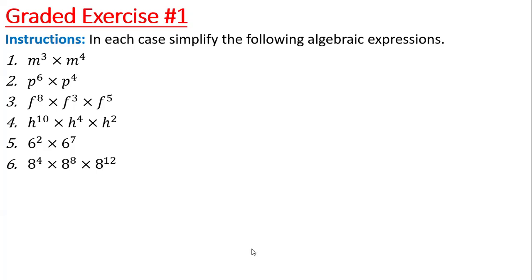Where is Cordell Pratt? What number you on, Cordell? Number 3. Okay. Hello?